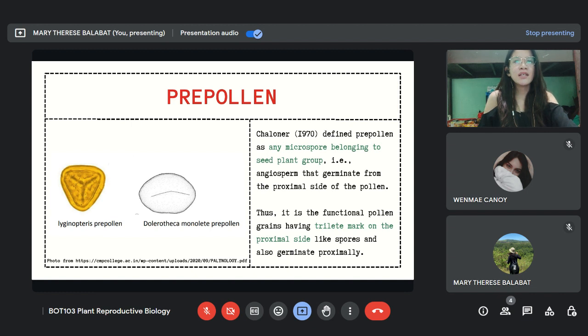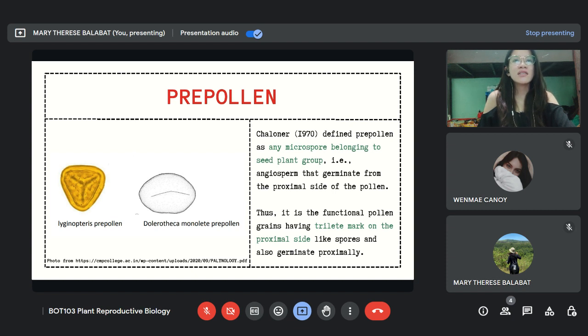So as you can see again in this image of prepollen, the Dolerotheca monolete prepollen, this is its type. Back again to the monolete prepollen, there is only a single narrow line.